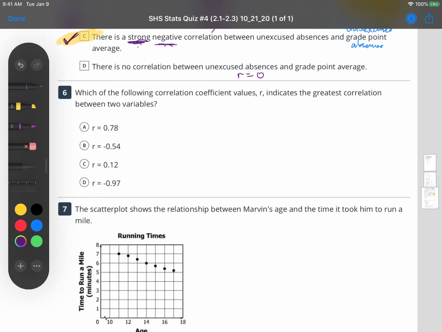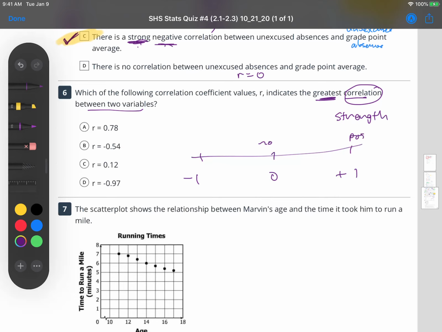Number 6, which of the following correlation coefficients indicates the greatest correlation between two variables? Remember, correlation is a measure of strength. We talked about how on that scale it's -1 to +1, and 0 means no correlation.